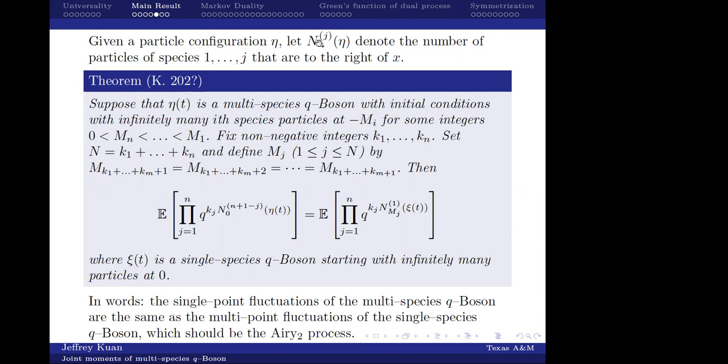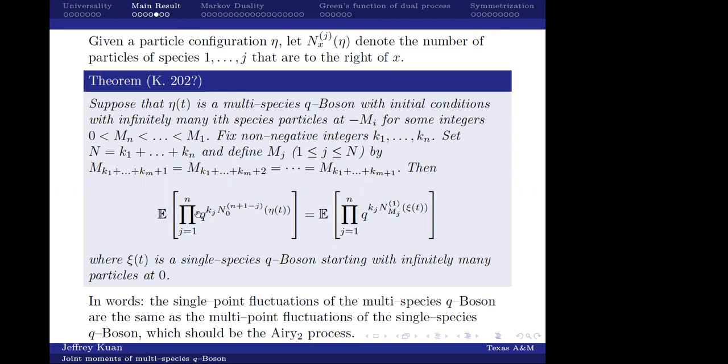Now we're going to define n_j(x) to be the number of particles of species up to j to the right of x. And then we're going to look at the nth q-moments of n at a single point. Because of shift invariance, you can just take the point to be 0.